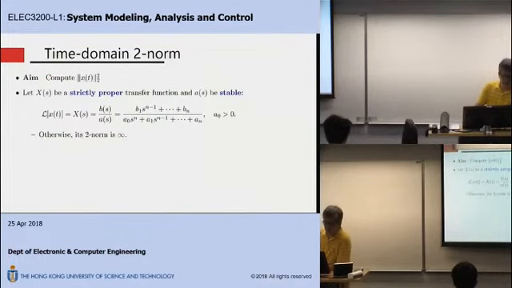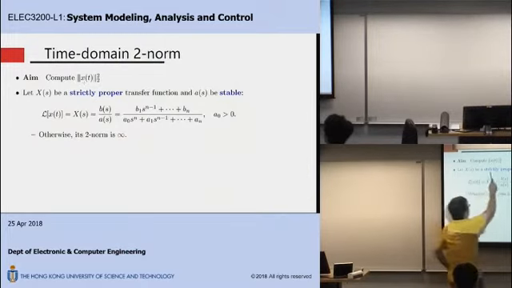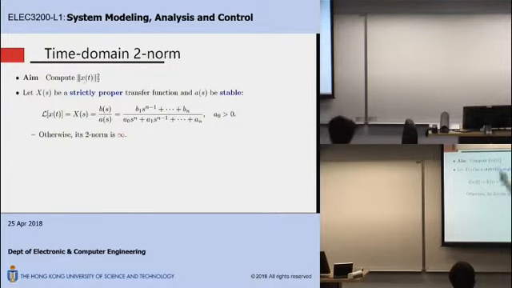We have a time function x(t), and we wish to compute its two norm. Of course, we can compute the two norm squared, and then we know how to get the two norm.